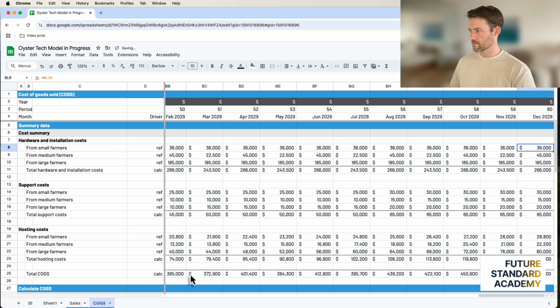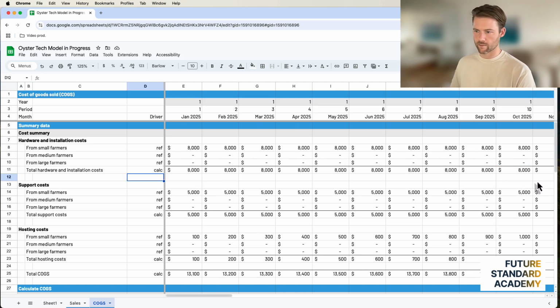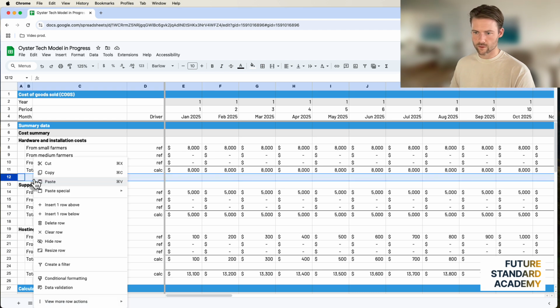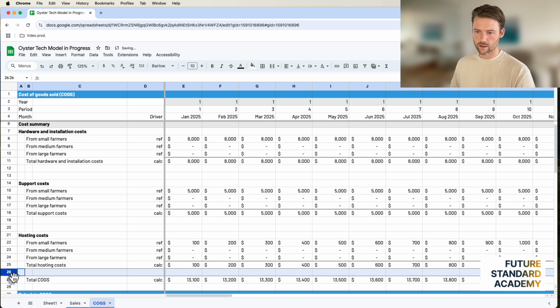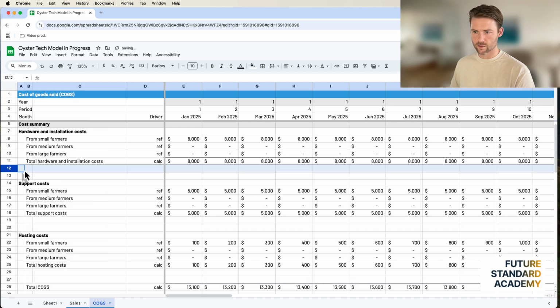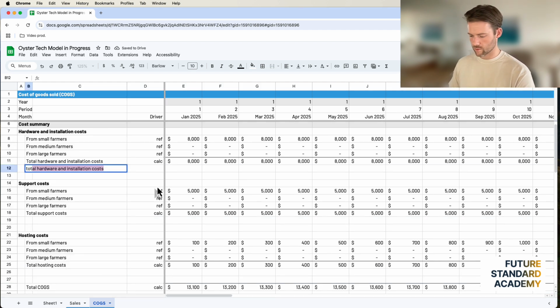Flow that over. Okay, so now just at a quick glance, hardware installation costs are about, let's just do proportionate analysis. Add some rows. Little thing I might do just to understand my cost structure better. So I'm going to say total, percent of total COGS.